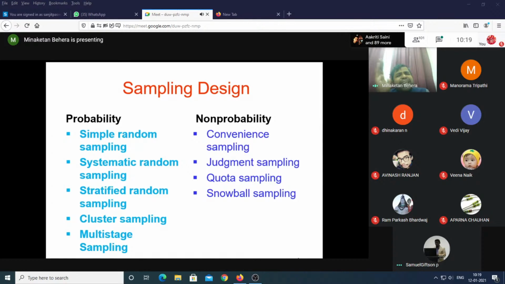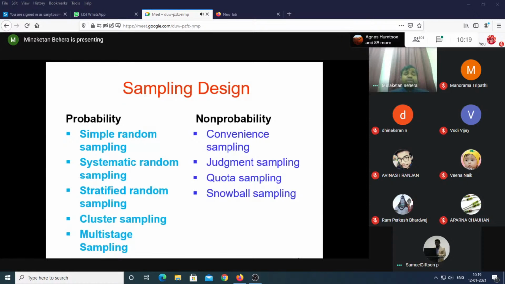Suppose assistant professor: if you find 20 pieces of information, you add them together and divide by 20, so you will find the average. Suppose if your sample is only assistant professors, then your figure will be wrong. Your data analysis will be wrong. So in that sense, maybe I will explain in detail on this.